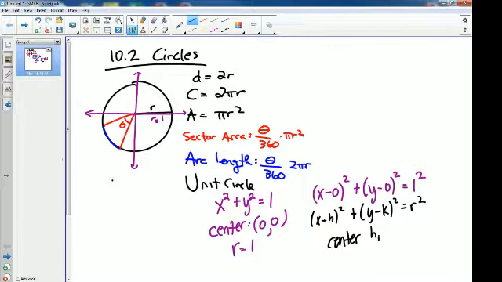Center h, k. Radius squared is just r squared. So the number here, if this is 36, what's the radius? 6. So that's a circle, in a nutshell.